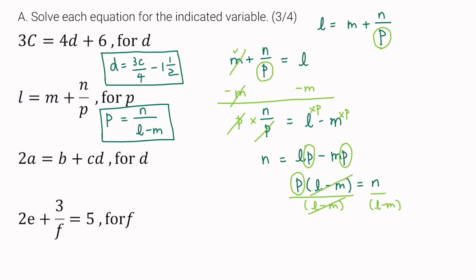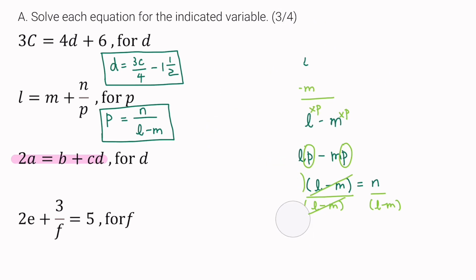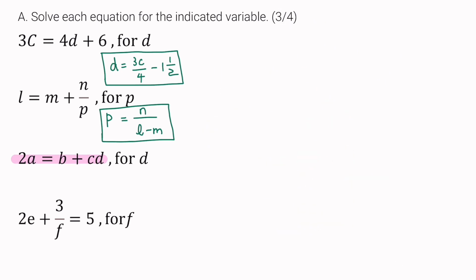Great! So let's move on to the third question on this page, and let's solve for d from this expression. Now we have 2a is equal to b plus c times d, and we are solving for d.